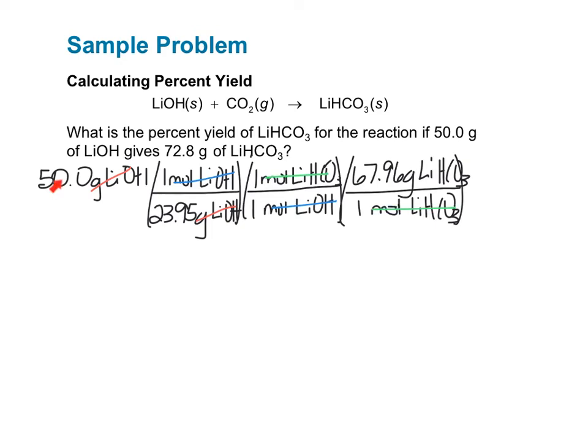Then I'm going to take 50 grams, divide by 23.95. Those are both 1, so then I just need to multiply by 67.96. And I come up with 142 grams of lithium hydrogen carbonate. So this is my theoretical yield.